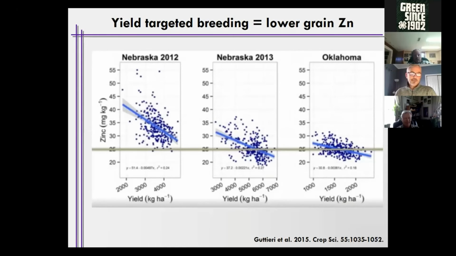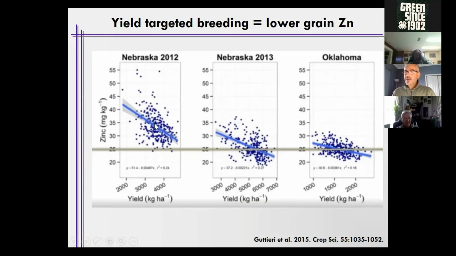And so the concept is this: we all know in production agriculture that we've done a great job of increasing yields over time. So yields have increased over time due to breeding. We've done a great job of breeding. But what happens is, and this is not atypical, this is a study that was published in 2015, showing increases in yield on the x-axis versus zinc concentration on the y-axis.